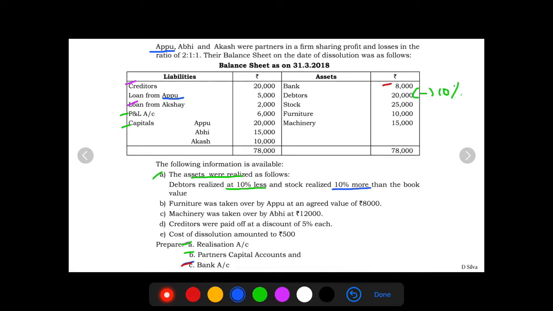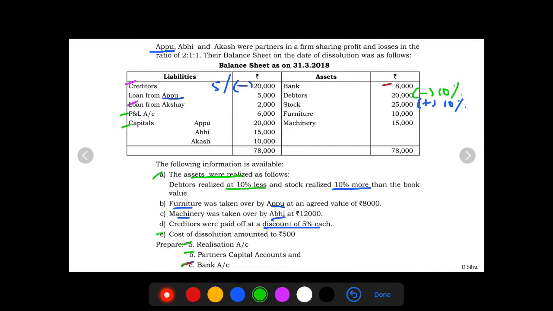Stock realized 10% more, meaning to say you need to add 10% on stock. Furniture and machinery are being taken over by the partners. Creditors were paid off at a discount of 5% each. So whenever you have a term discount, you need to reduce 5%. Cost of dissolution amounted to rupees 500. This amount will reflect in realization account and as well as in bank account.